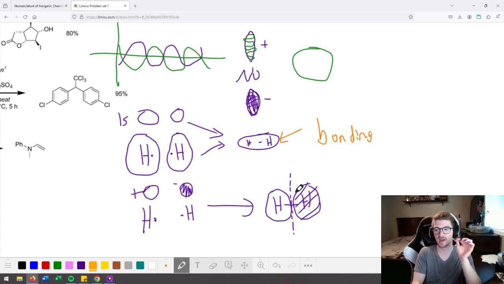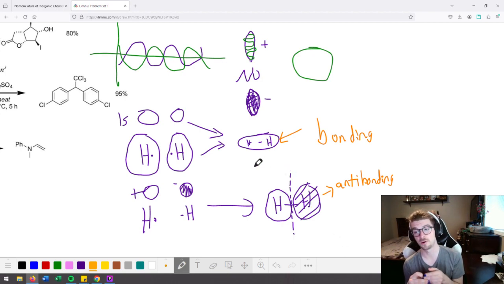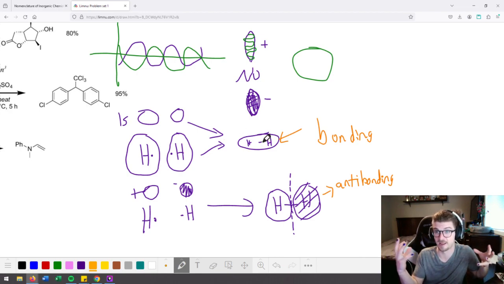Whereas if you have a node that occurs along the bond, then this is called an antibonding interaction. Remember what I said, that orbitals can be filled or empty. If you fill a bonding orbital, where it is populated with electrons, that translates into a force that holds those atoms together.